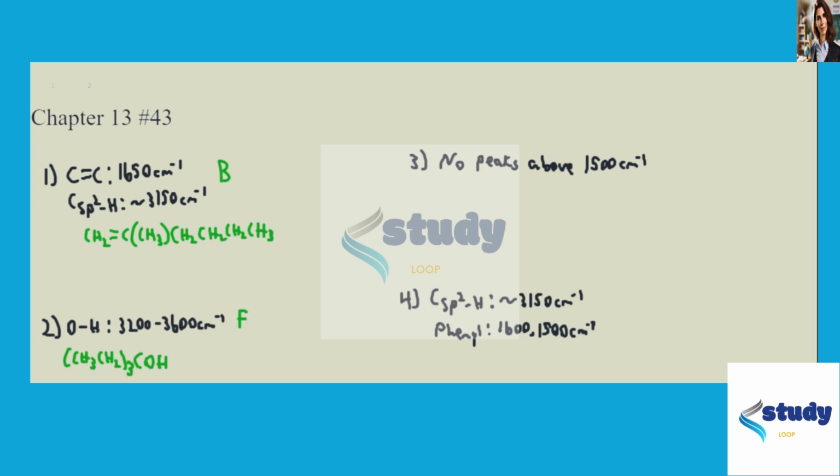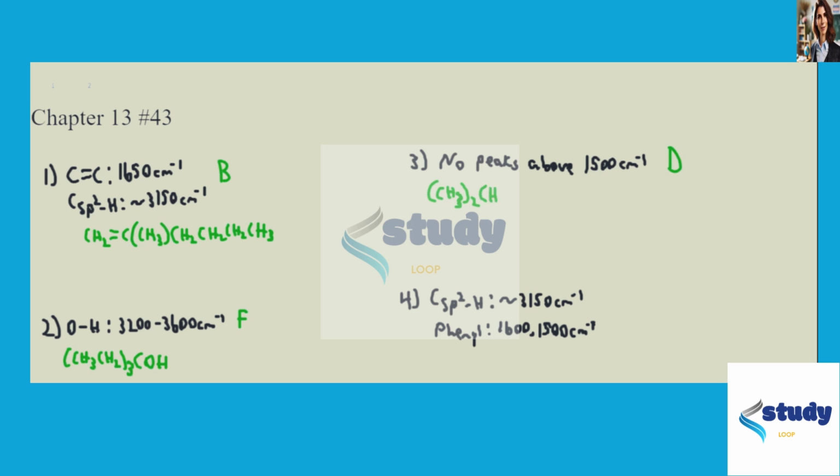So 2 is F. Looking at 3, 3 really has no peaks of interest at all above 1500, again disregarding the sp3 C-H bonds that all of these molecules have. So 3 is going to correspond to D. It's just an alkane. The structure of D looks like this: 2 CH3s.